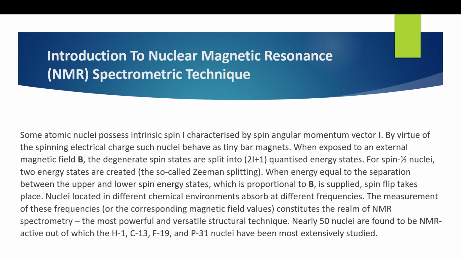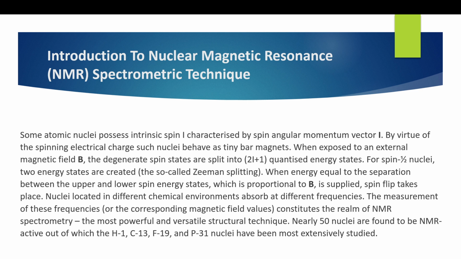Introduction to nuclear magnetic resonance spectroscopic technique. Some atomic nuclei possess intrinsic spin, symbol I, characterized by spin angular momentum vector. By virtue of the spinning electrical charge, such nuclei behave as tiny bar magnets.